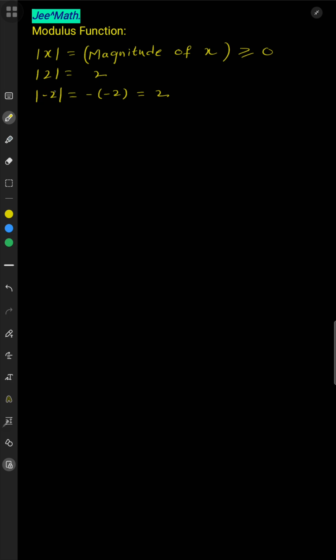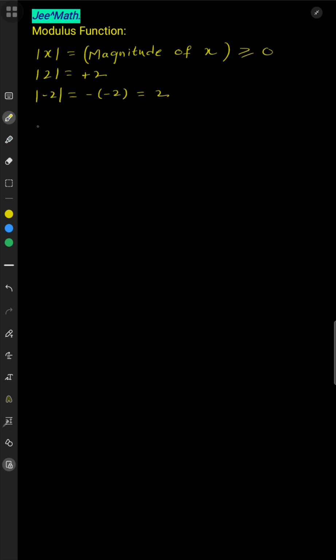Whenever a positive quantity is inside the modulus, you give a plus sign only before it. Whenever a negative quantity is inside the modulus, you need to give one negative sign before it to make the result positive.